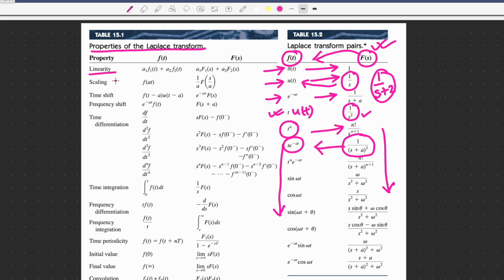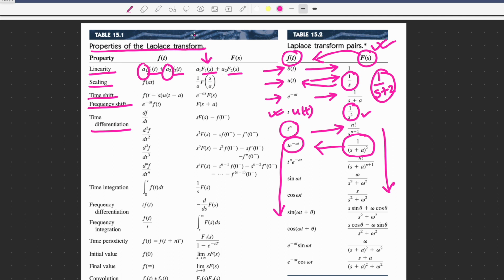These are linearity, scaling, time shift, frequency shift, time differentiation, and so on. Linearity is: if you have functions f1(t), f2(t), and both are multiplied with some constants a1 and a2, its Laplace transform in the frequency domain will also have this similar property. So it will have F1(s) multiplied with a1, F2(s) multiplied with a2.